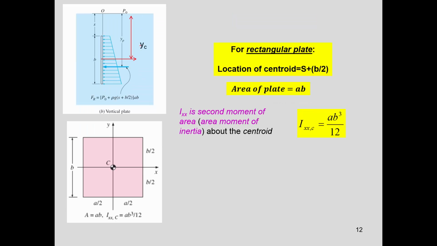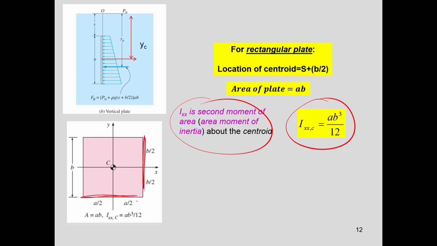And then for a rectangular plate, or for any plate, we have to look at the second moment of inertia. And if this is a rectangular plate, this is the second moment of inertia. You need to look at the equation that you're using, because in this case the width is A and the height is B, so it's A B to the third.